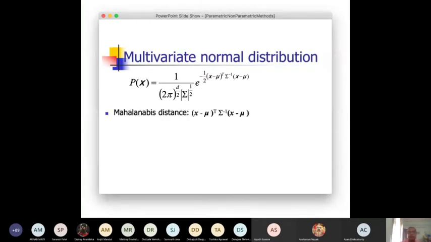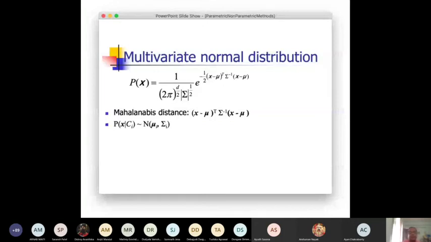And this is the exponentiation, the term with exponentiation, that is also considered as a distance function, Mahalanobis distance function in the multi-dimensional space.